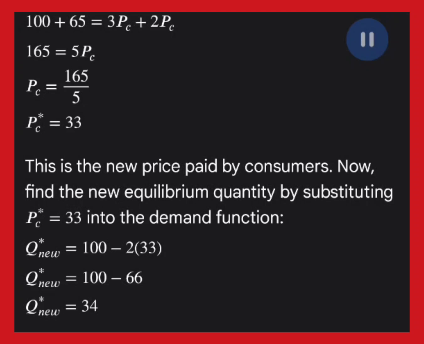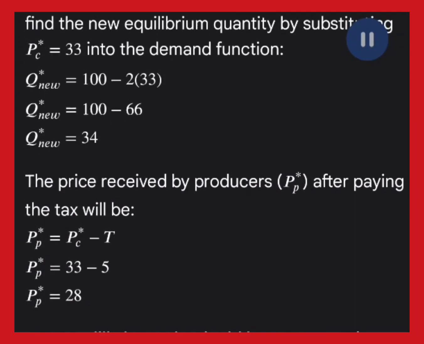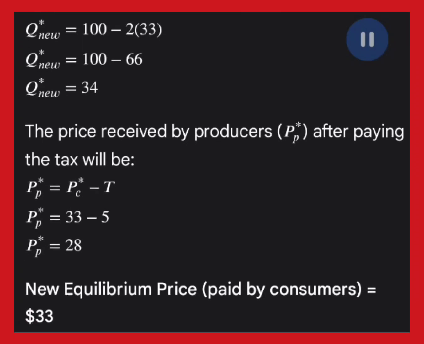Now, find the new equilibrium quantity by substituting P_C = 33 into the demand function. Q_new = 100 − 2(33). Q_new = 100 − 66. Q_new = 34.